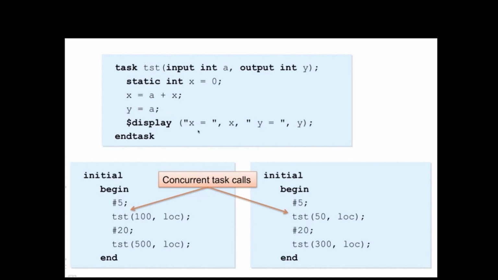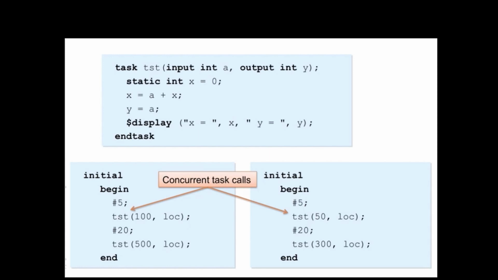So the point is I want to show you what's going to happen, because I'm going to run it first as a static variable, and then I'll run it again as an automatic variable. The idea is that we're going to have two concurrent initial blocks, so both of these are running concurrently in the simulator. Then we're going to be calling the test task from each of those at the same time. So the question is which one is going to be invoked first?